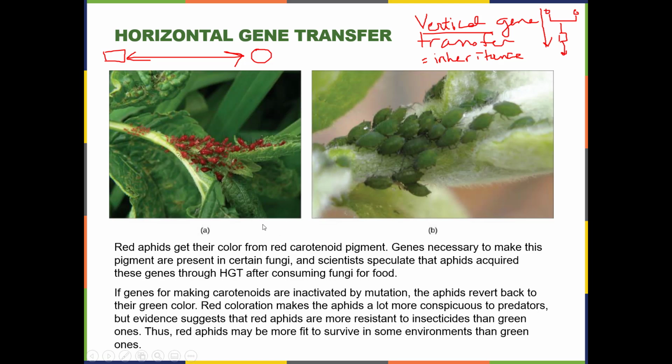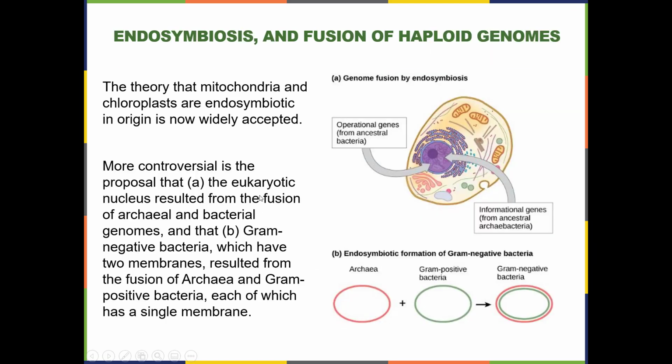Okay. I'm going to change topics a little bit. This is a theory. You might have heard of this before, but if you haven't, you need to know this theory. It's called the endosymbiosis, or the endosymbiont hypothesis, or the endosymbiotic theory. It goes by a lot of names, but endosymbiont is in the title somewhere.